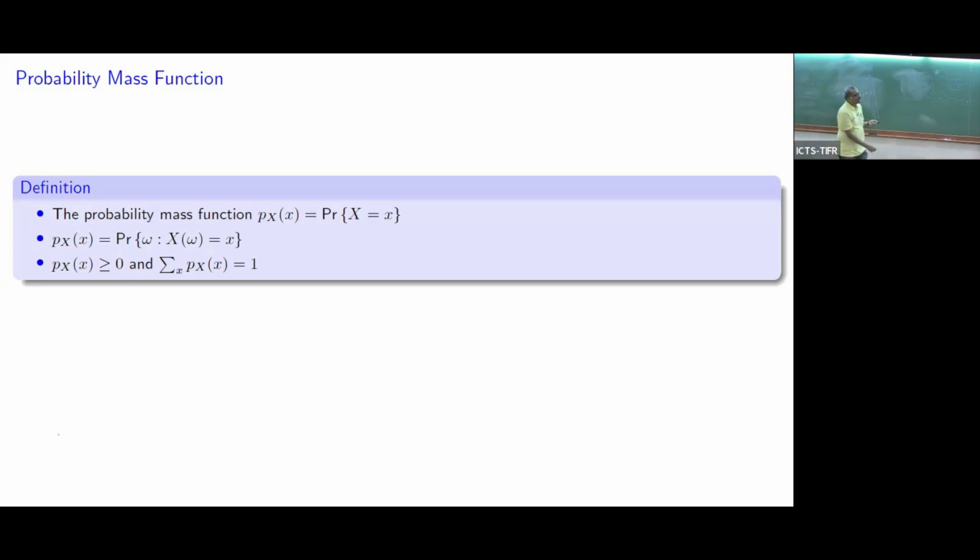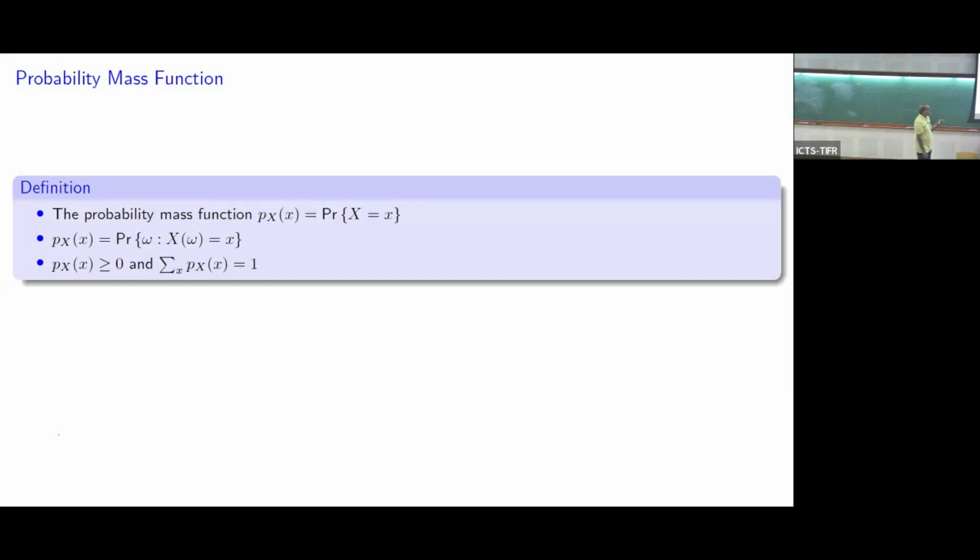So in fact, that is what is written here. The PMF, the probability mass function, is just the probability that the random variable takes a particular value. And that is just the probability of the event. And that event is now defined in this special way.